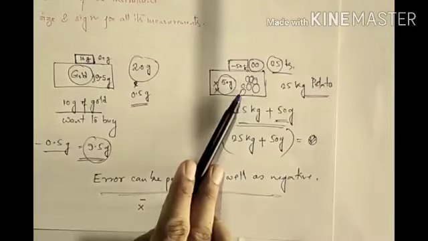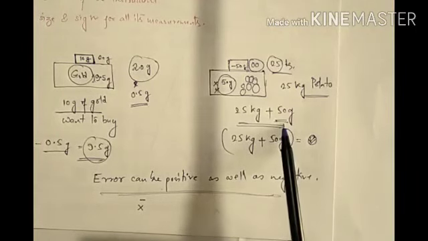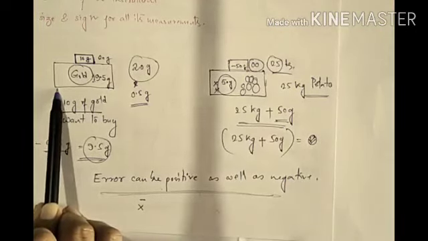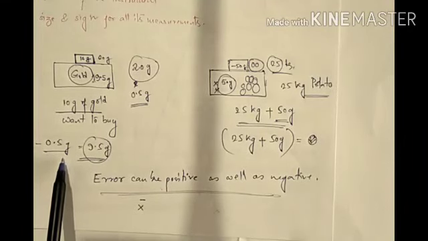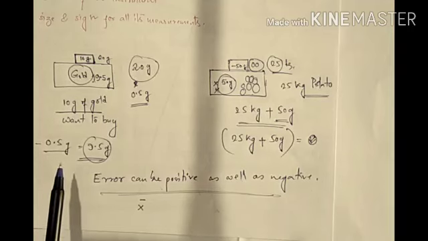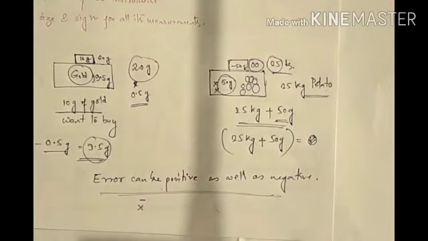If you are using this device all along the measurement, there will be a surplus of 50 gram. If you are using the other device, then all along your measurement you will have a shortage of 0.5 gram. This is the meaning of the term systematic error: having the same size and sign for all its measurements.